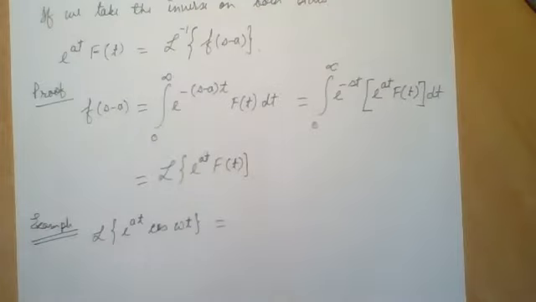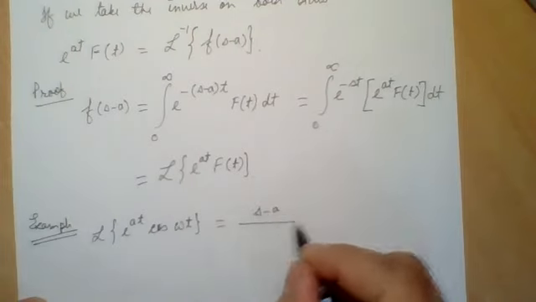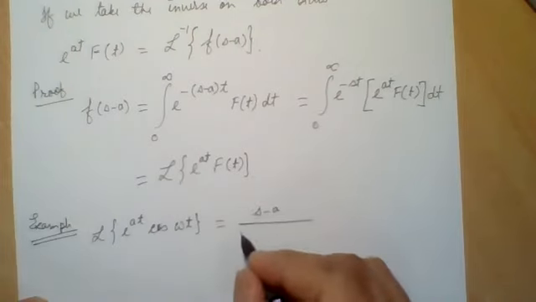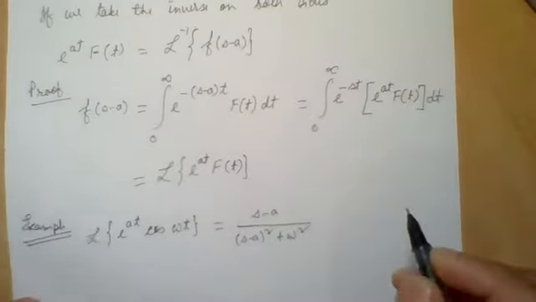It is s divided by s square plus omega square. So in that expression, we replace s by s minus a. So it should be s minus a divided by (s minus a) whole square plus omega square.